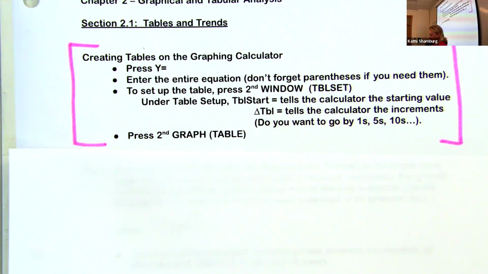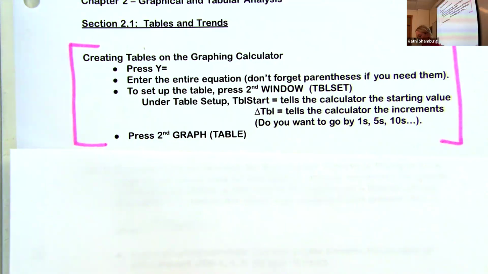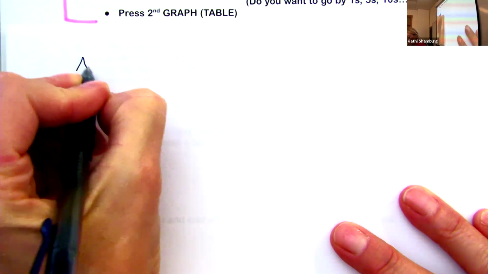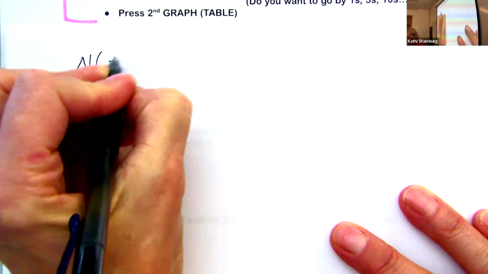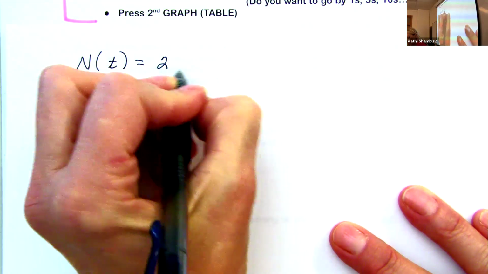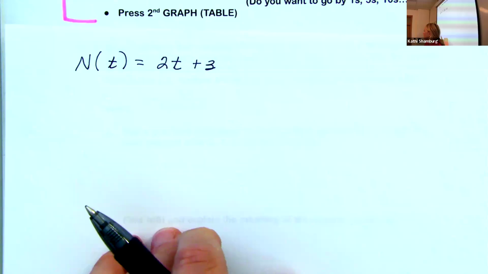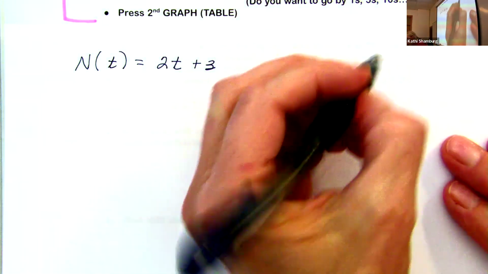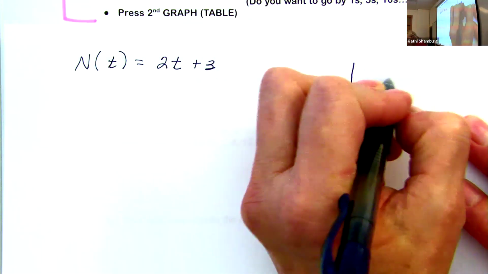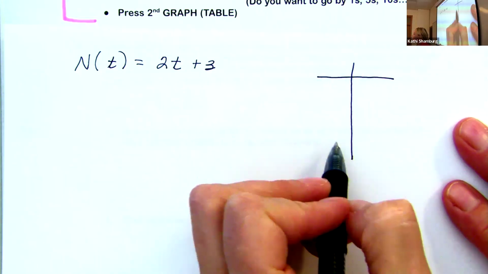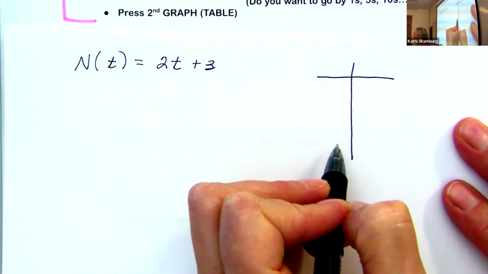So hang on, I want to clear everything out. Okay, so we have been in 1.1, we were given, say, a function n at t, and it might say 2 times t plus 3. If we looked at that in a table, what always goes first? Variable or function? Variable.